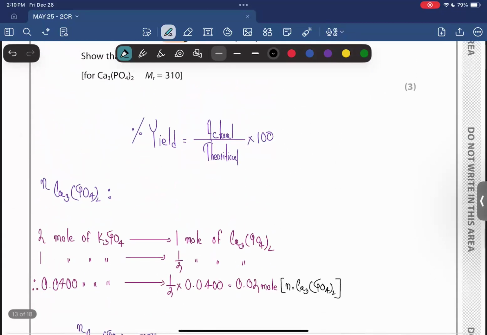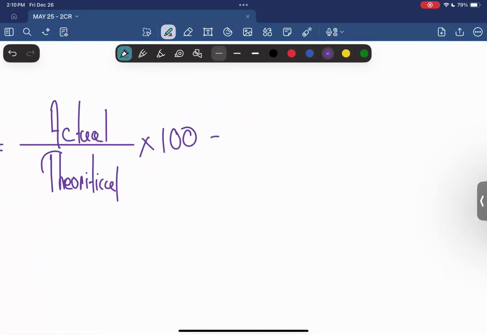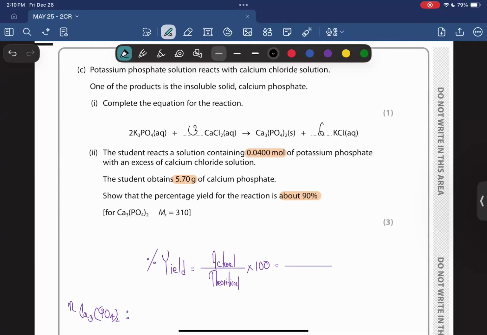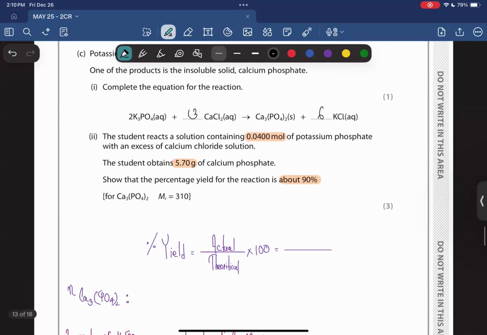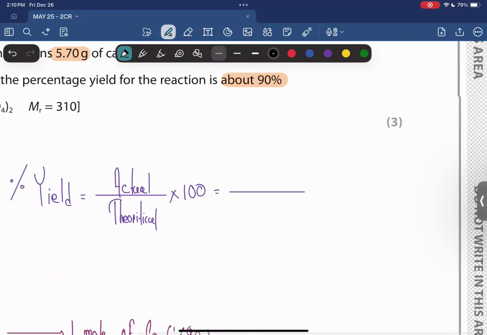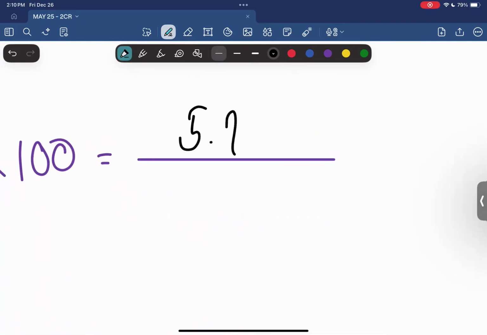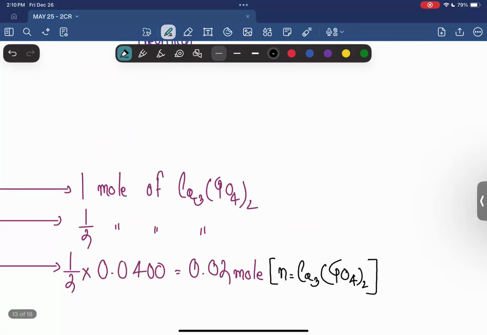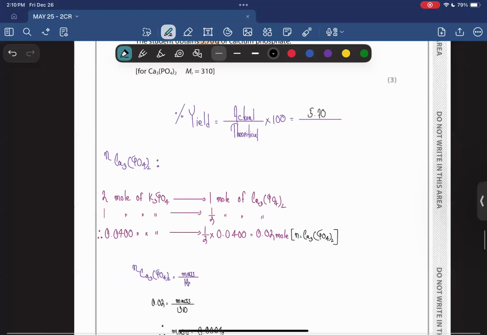Okay, so now what you're going to do is plug all of the values into the formula. That is actual 5.70 and theory is what?